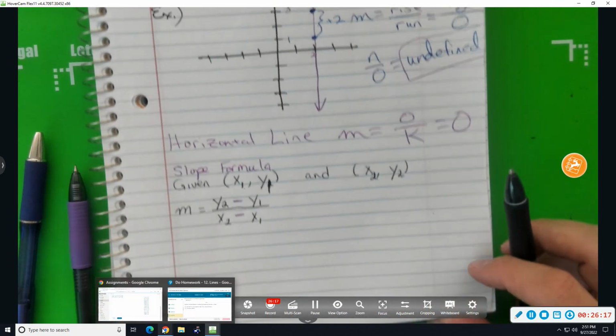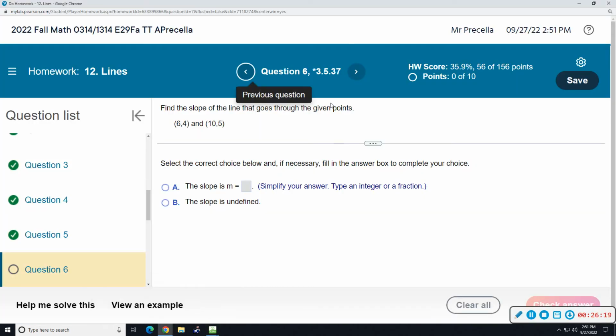Now, let's go ahead and do problem 6. Okay, let me write it down. We're given 2 ordered pairs. What are those 2 ordered pairs? (6, 4) and (10, 5).